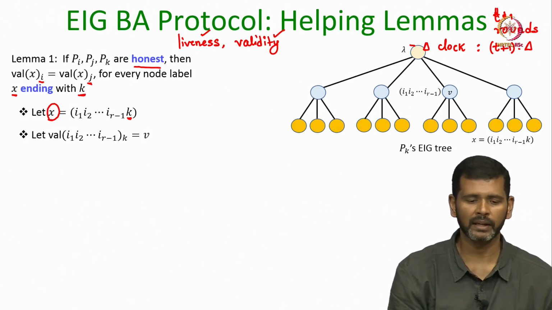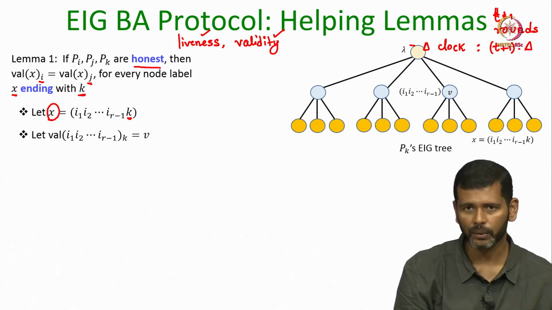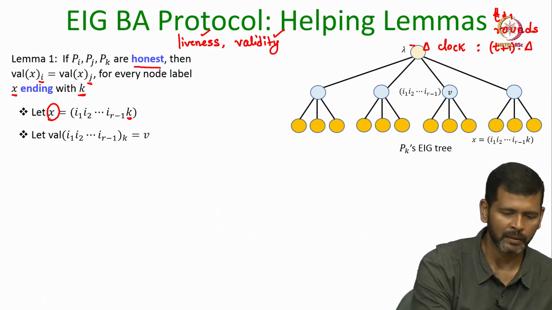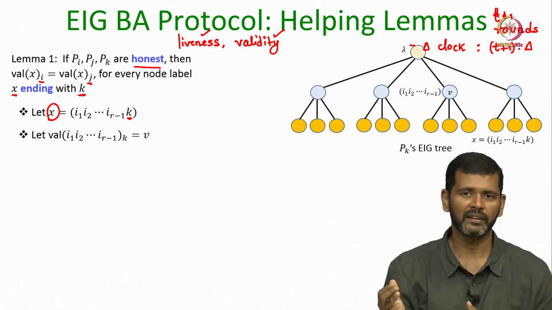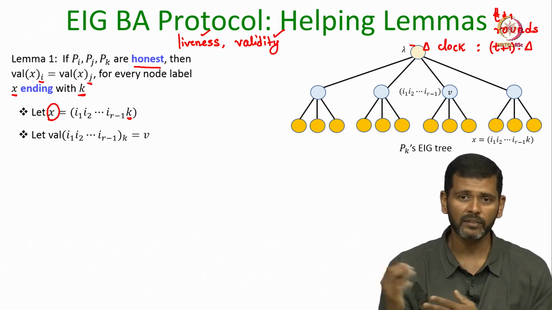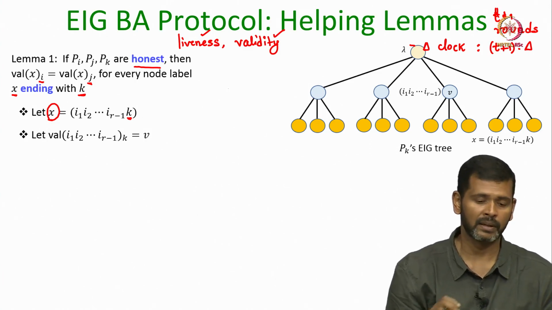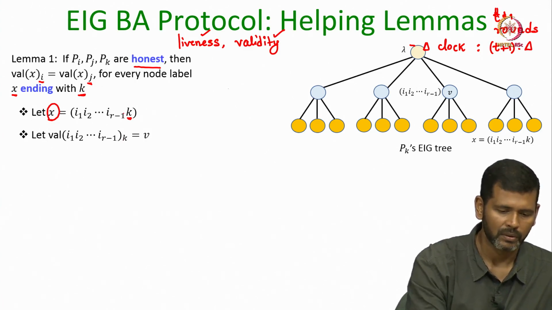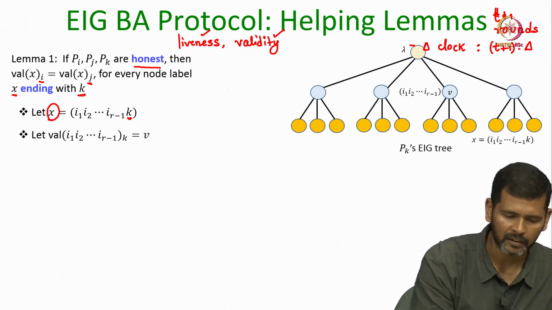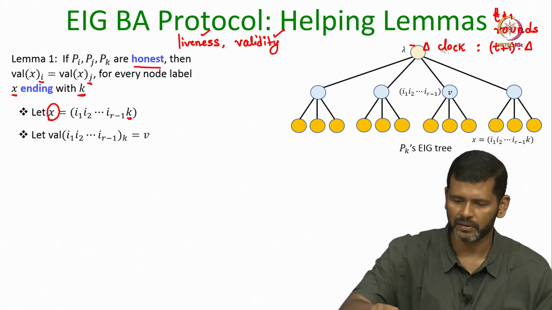It will not be the case that P_i assigns a value say 0 to the node with label x in its local copy of the EIG tree, and P_j assigns the value 1 in its local copy of the EIG tree for the same node. It will never happen, provided we are talking of a node whose label ends with the index of an honest party, and the proof is very trivial.